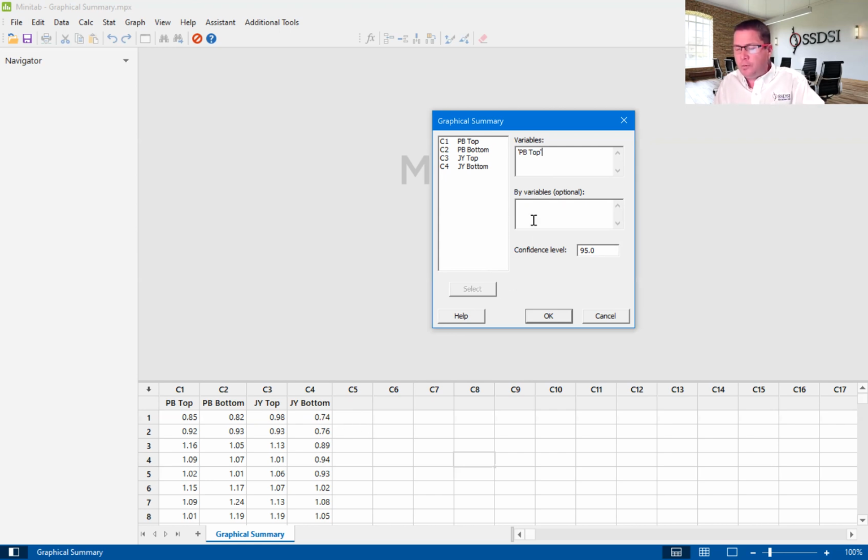Then I could put that column in this By variables box, and I could see two graphical summaries, one of PB top at site 1 and one at site 2. So that's a way to go into something called multivariate.